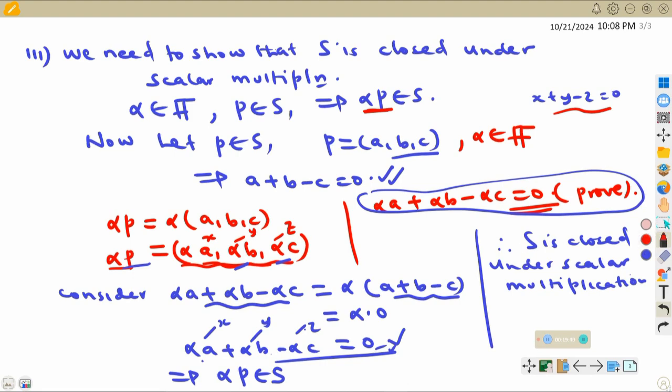Having proved all three conditions, we shall therefore say clearly that S is a subspace of R3. And that will be the proof.